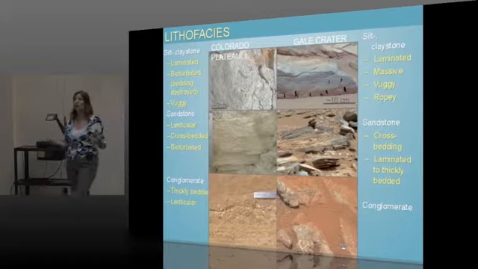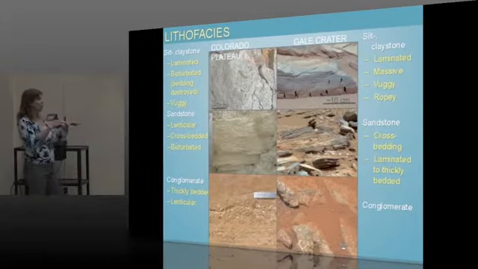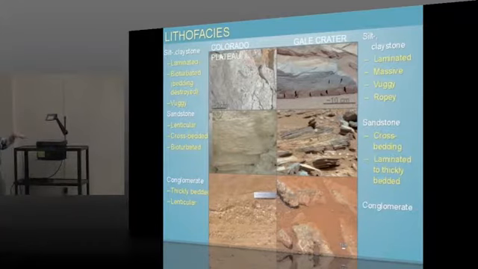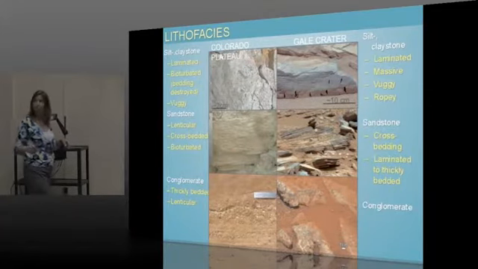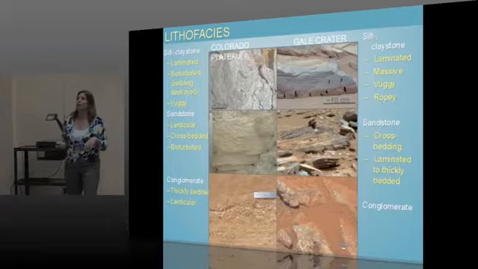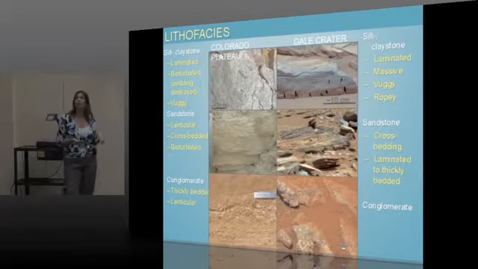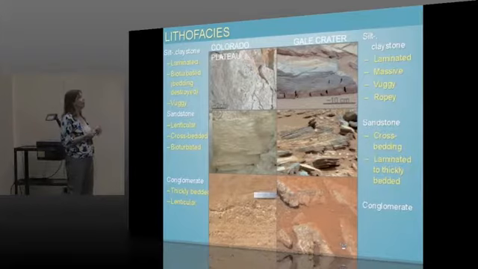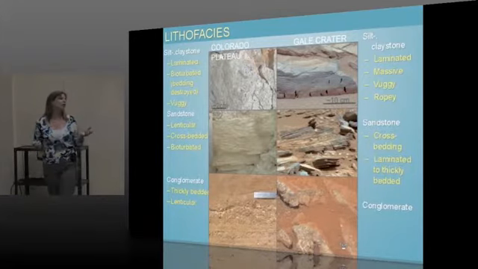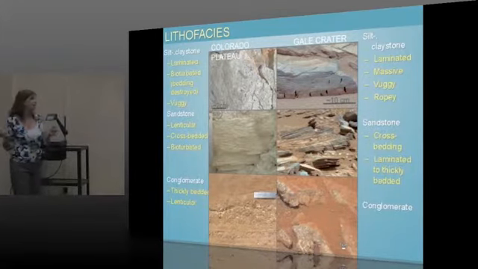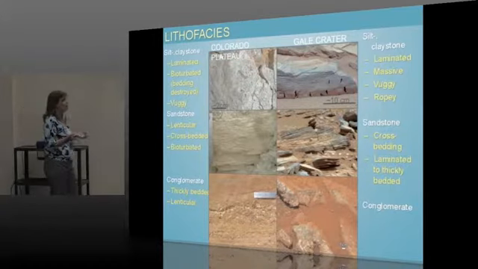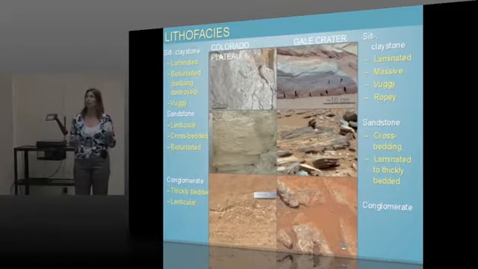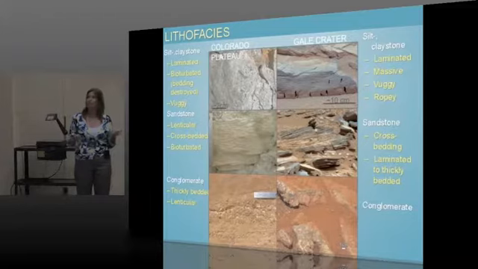So there's a siltstone, claystone facies that can be laminated, which typically means it's deposited in standing water. In Colorado, it's bioturbated, and the bedding can be completely destroyed and massive, and that's due to bioturbation. There's also a massive facies on Mars, which may not be bioturbated. You can get massive facies other ways.